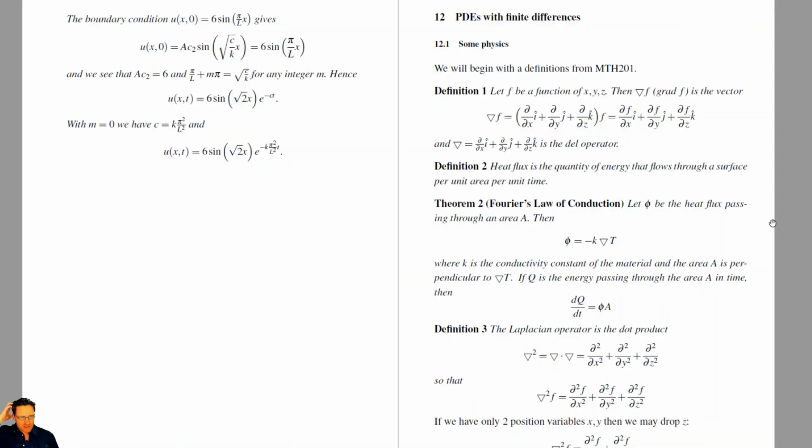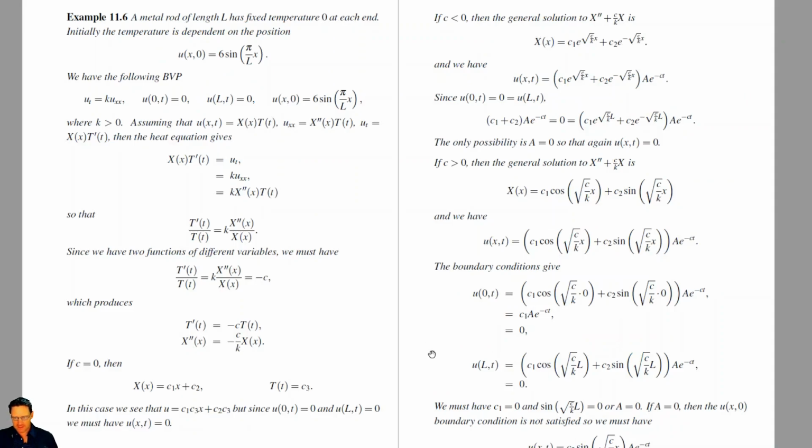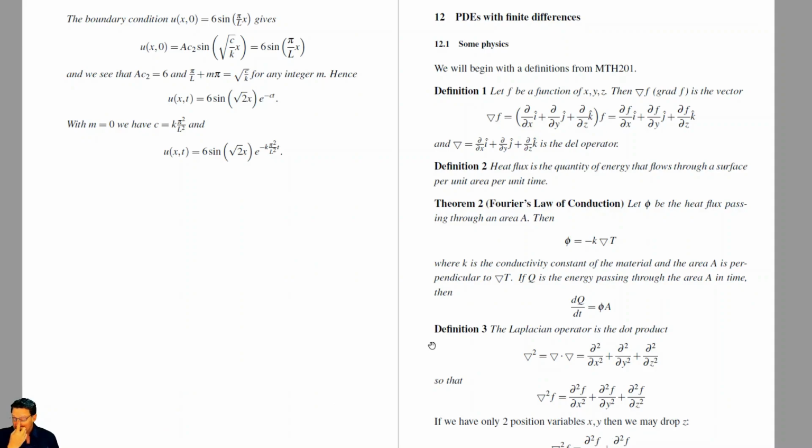Now what we can do is get more specific so we can find our constants. Our other boundary condition, when t is 0, is 6 sine of pi over L times x. That gives us that u(x,0) is a c2 sine of the square root of c over k times x, equal to 6 sine of pi over L times x. So a times c2 is 6, and pi over L plus some integer times pi is equal to the square root of c over k.